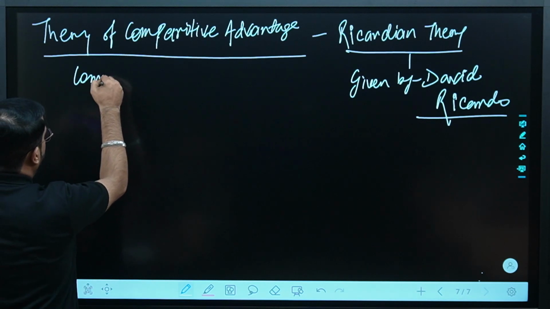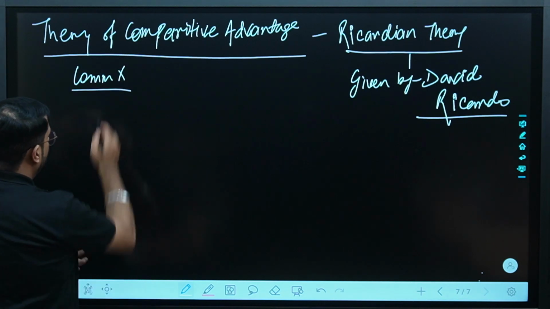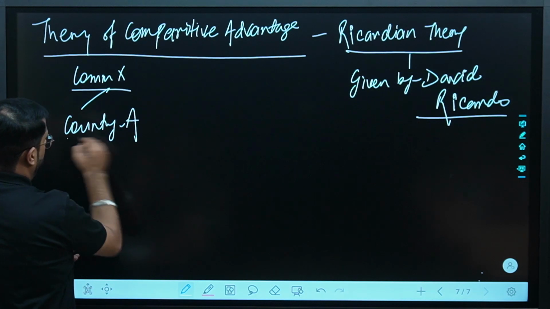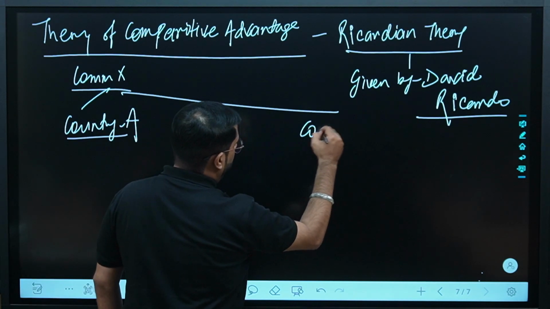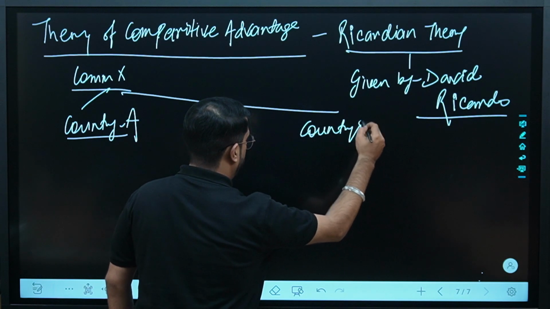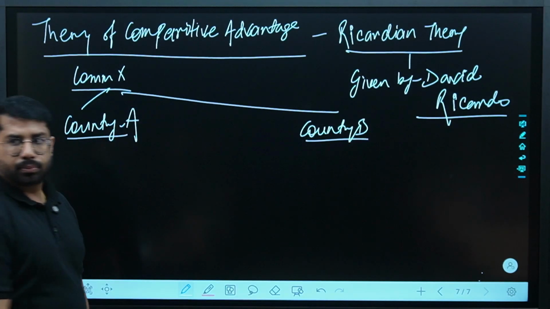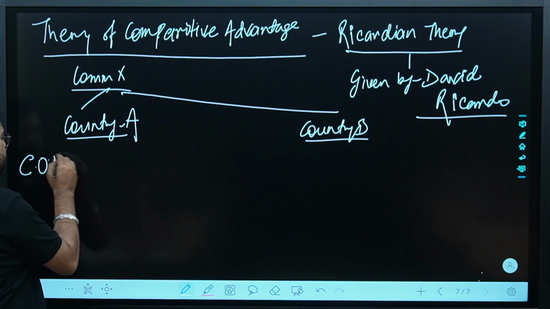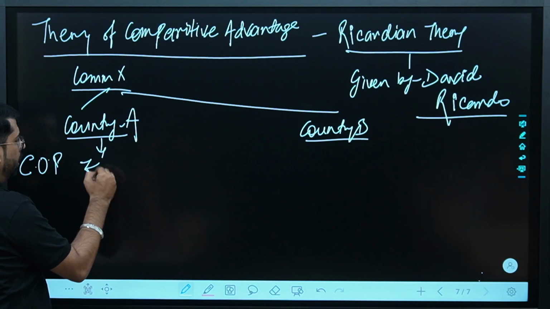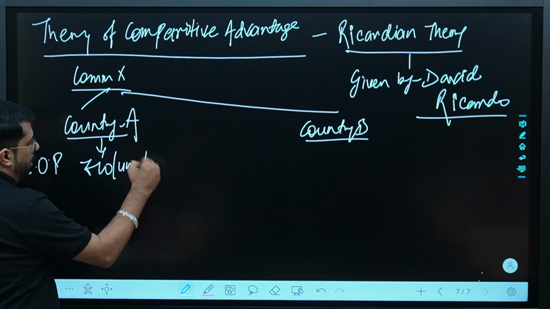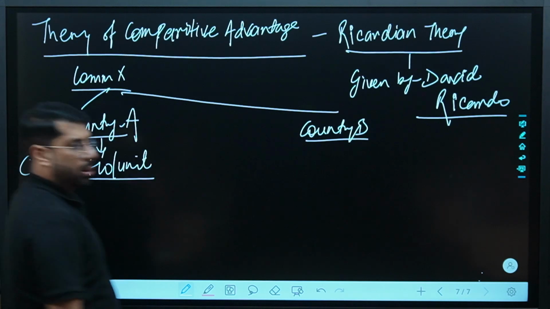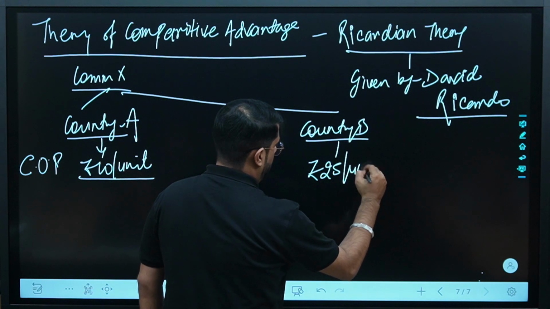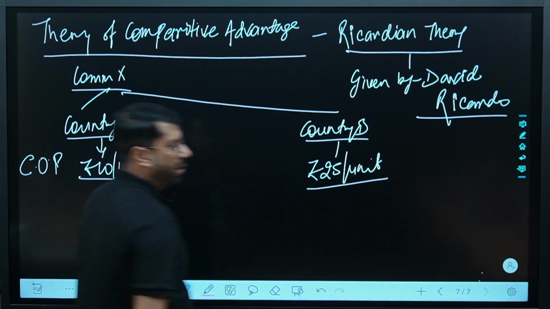David Ricardo said, talk about commodity X, talk about country A, talk about country B. Cost of production: country A, 10 per unit; country B, 25 per unit.